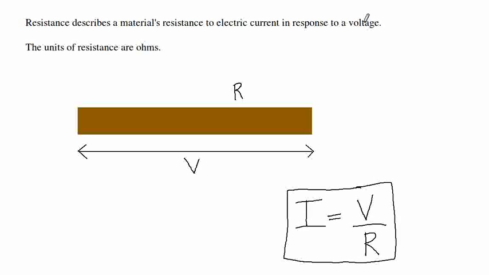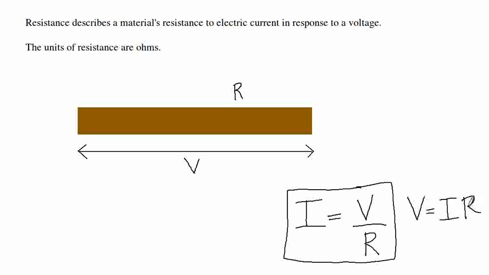This is a very important formula. I can't emphasize enough how important this formula is for electric circuits. This relates three very important values: the current, the voltage, and the resistance. Another way that this is often written is that the voltage difference across some piece of wire is the product of the current and the resistance.